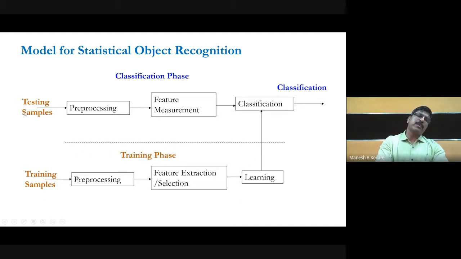Whereas in the testing phase, as I said, testing samples will be selected based on the n-fold approach. Again, the process is the same as in training: pre-processing will be done on testing samples for removing noise and cleaning the data. After that, the same number of features will be extracted, so feature measurement and feature selection will be done. Then this is given as input to the classifier.